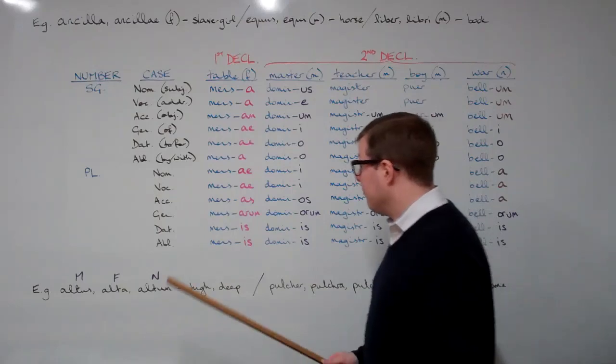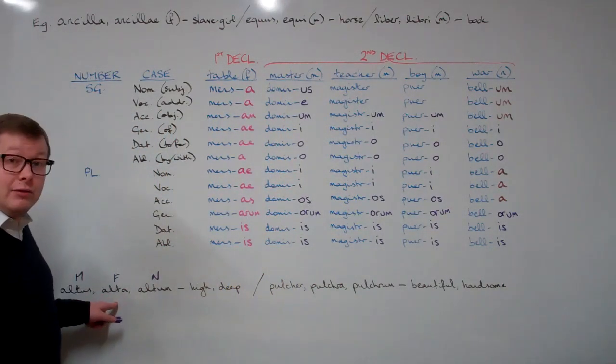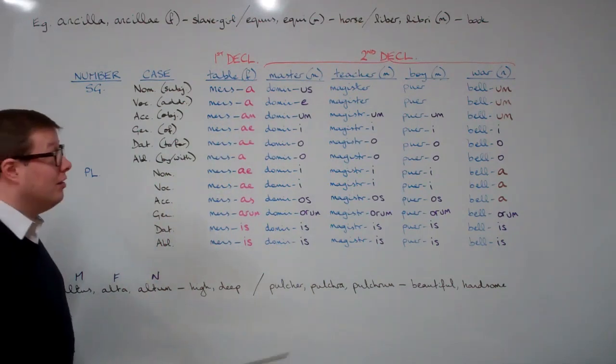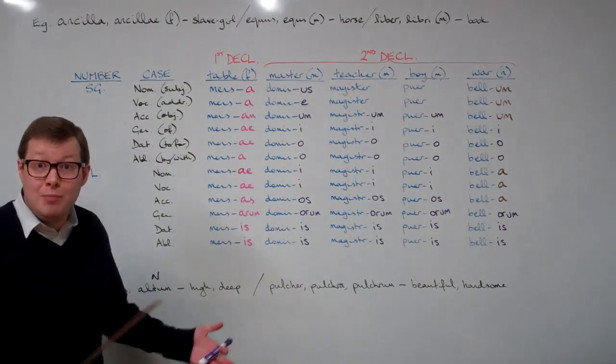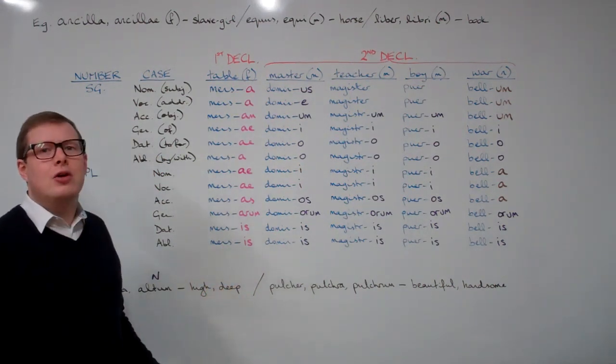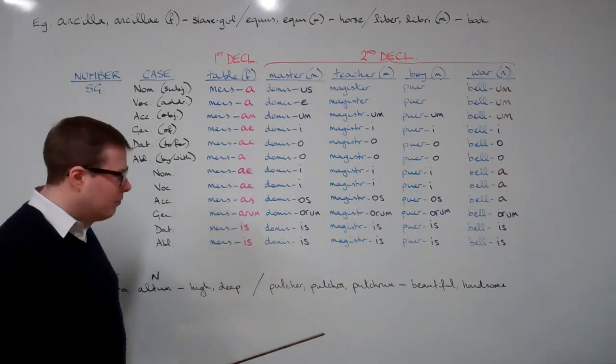Altus, the masculine, goes like dominus does. Alta, the feminine, goes like mensa. And altum, the neuter, goes like bellum. Simple.